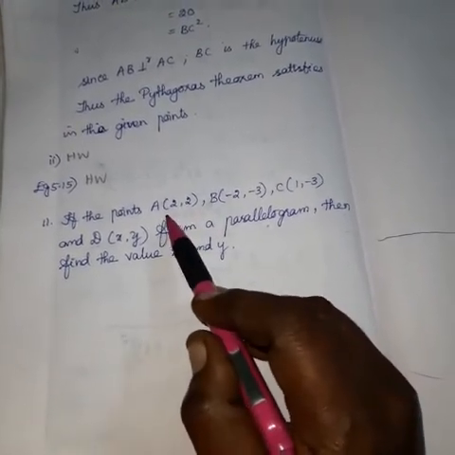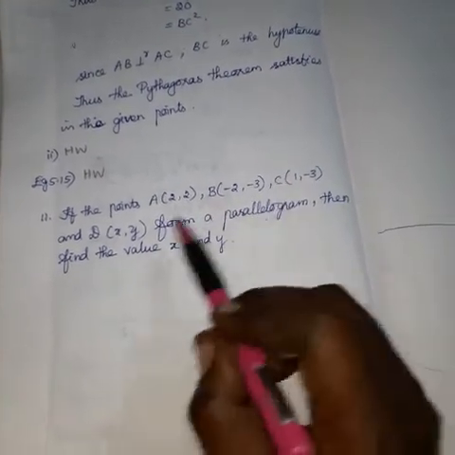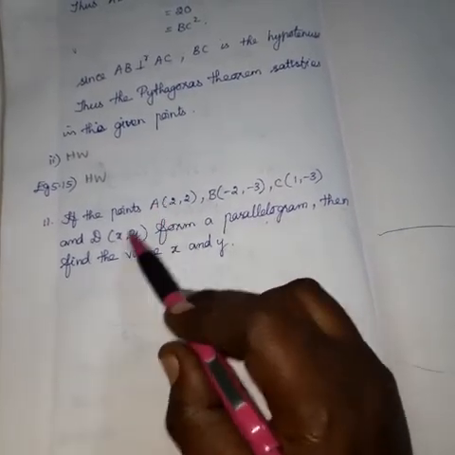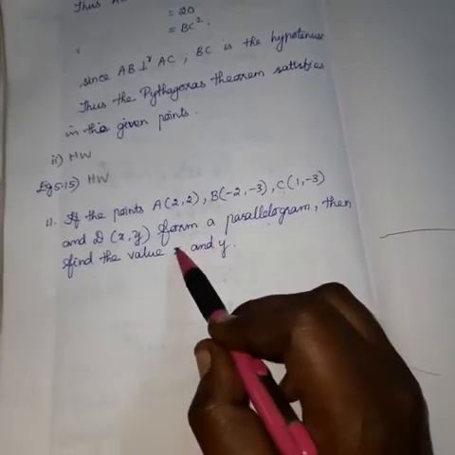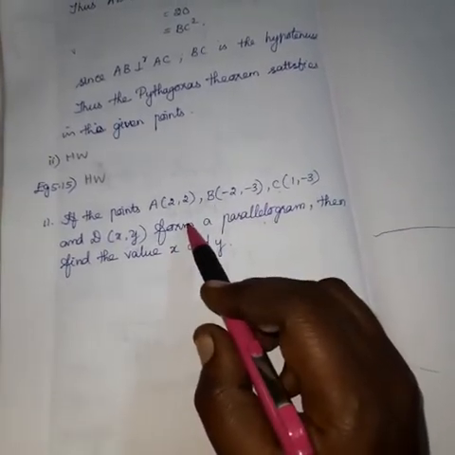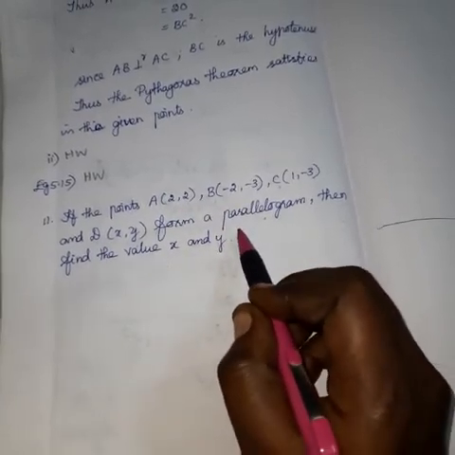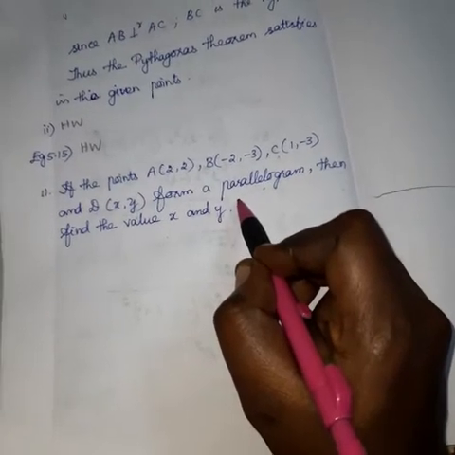Opposite sides means AB and CD, then AD and BC. Like that we can form the opposite sides. So if a pair of opposite sides are parallel, it means the slopes of those opposite sides are equal.